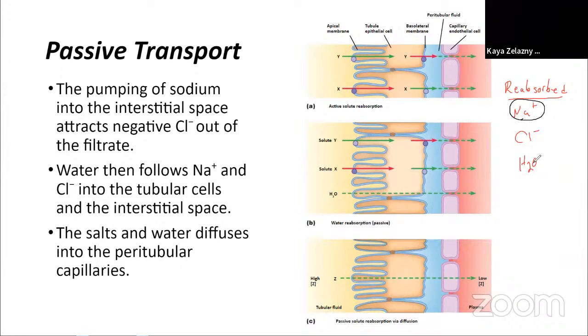Both the water and the chloride are moving passively. The chloride ions are moving because of that electrical charge. The water is moving because of that change in osmolarity, so it's moving by osmosis. Active. And then this part is passive. It does say this on the top of the slides. I'm just highlighting it for you because I think it's easier to pull these things together as we go.